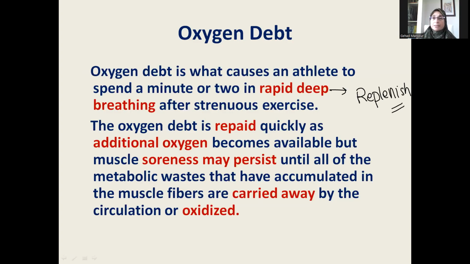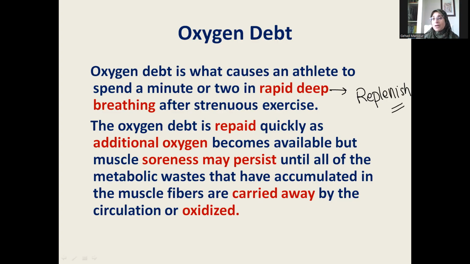So the oxygen debt is repaid when additional oxygen is available, but muscle soreness may persist until all the metabolic waste like lactic acid has been washed away, or until lactic acid is oxidized once again. So we have like two solutions for lactic acid, or three actually. The first solution is that when you stop exercise, you stop producing lactic acid. This is number one. Number two, being washed away by the circulation.